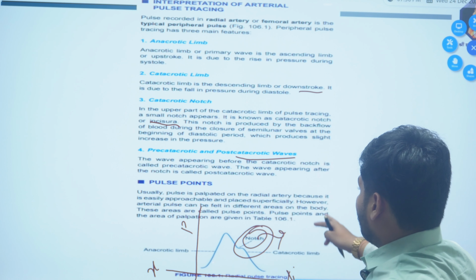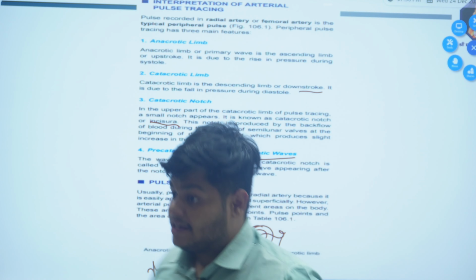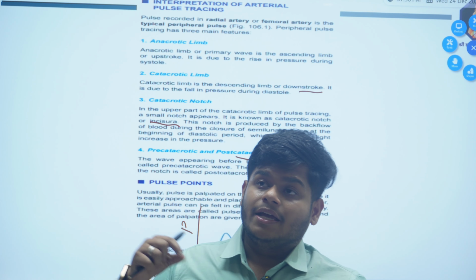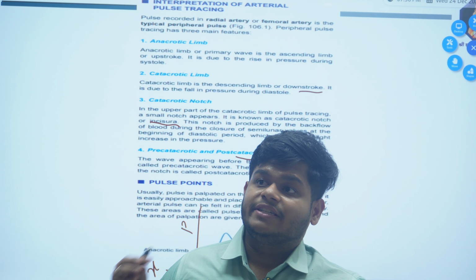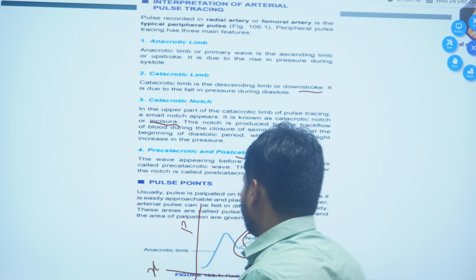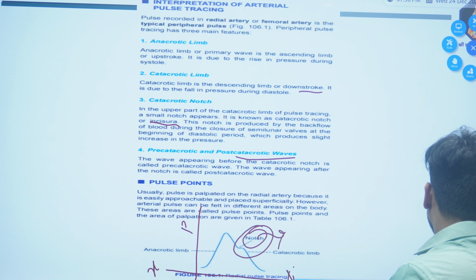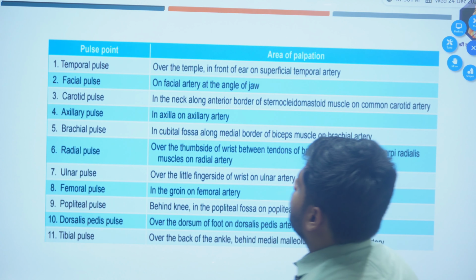However, arterial pulse can be felt in different areas. It can be felt on each and every superficial artery which is easy to feel, located superficially on the body. We will see it in the next point.